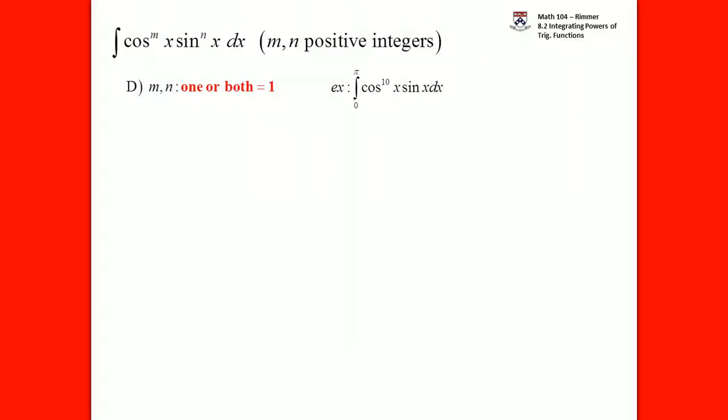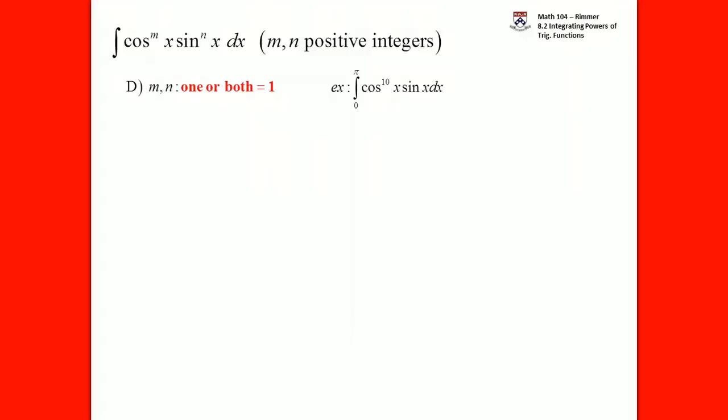U sub. No crazy identities. Just straight U substitution. The other part is already there to be the du to the first power. No peeling off, no half angle, no Pythagorean, no identities, just U sub.